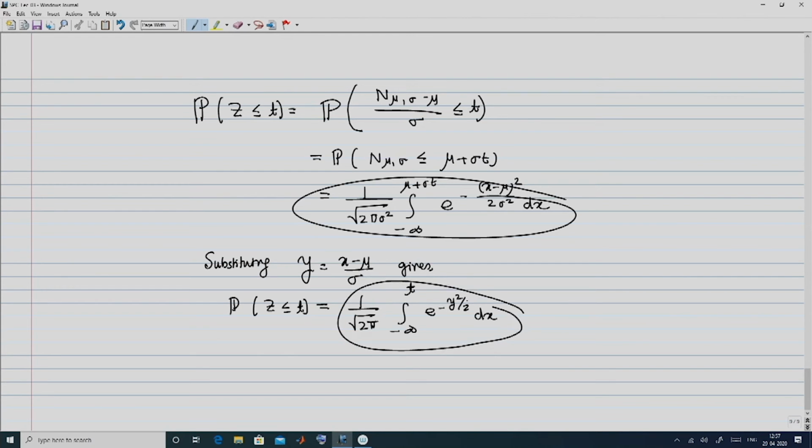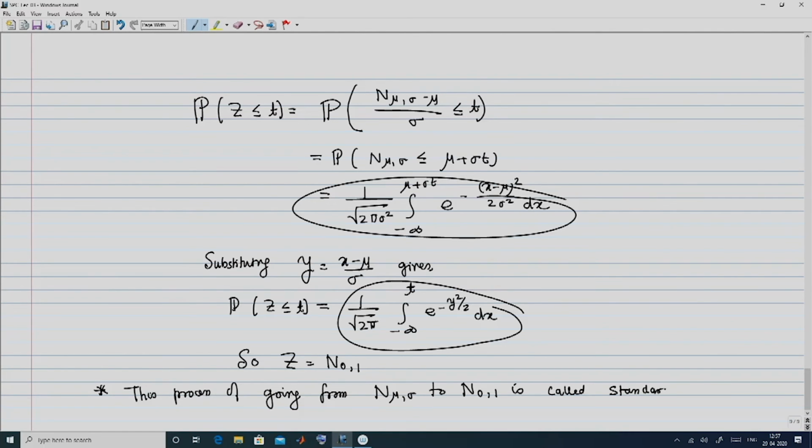This is nothing but the distribution for the standard normal variate. So z is nothing but n 0 1. So, in conclusion, this process of going from n mu sigma to n 0 1 is what is called standardization.